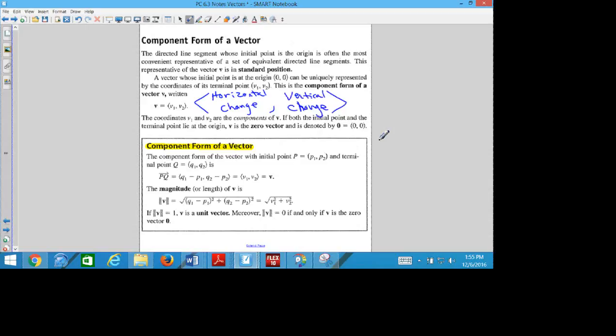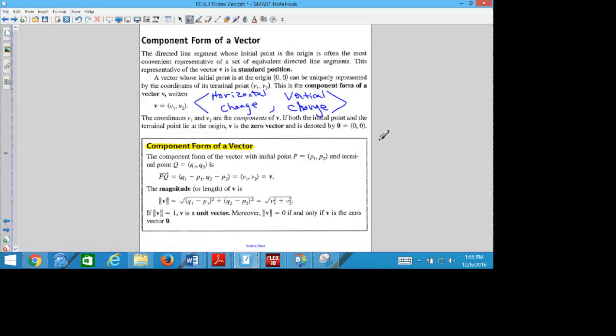So we write the component form in chevrons. The first number is a horizontal change, the second number is a vertical change from the initial point to the terminal point. Kind of slope related, only it's written in a different format.